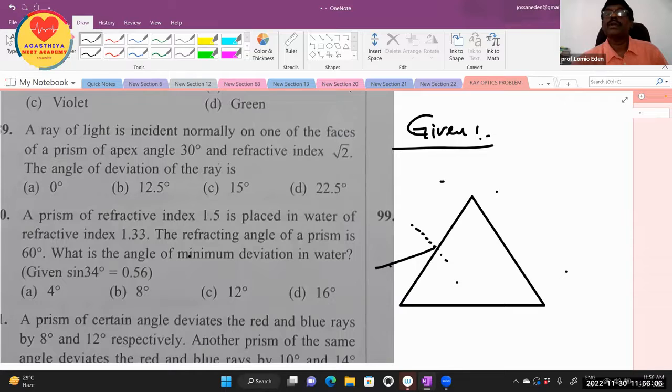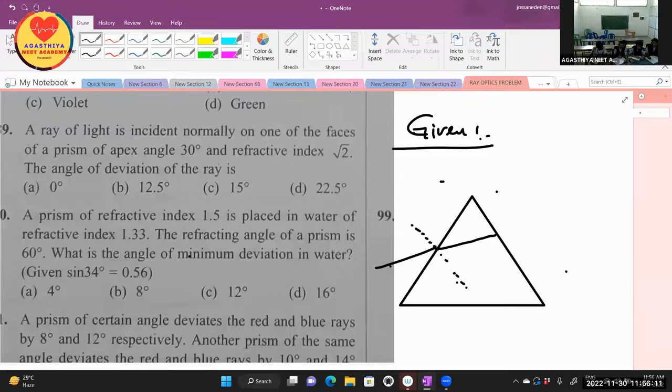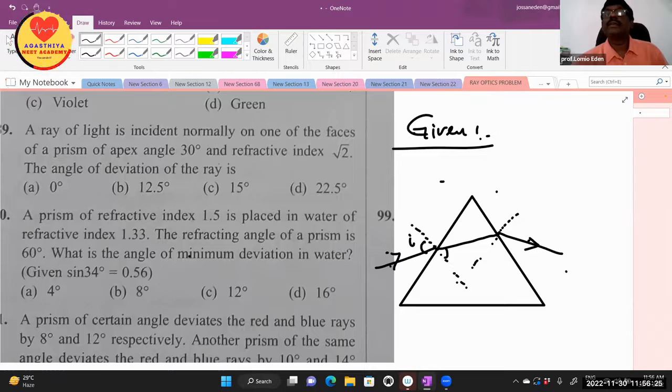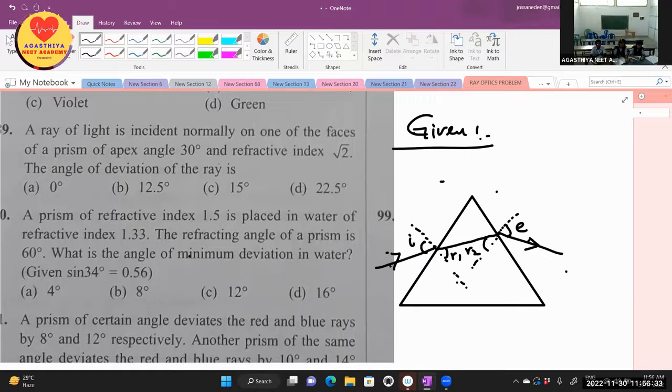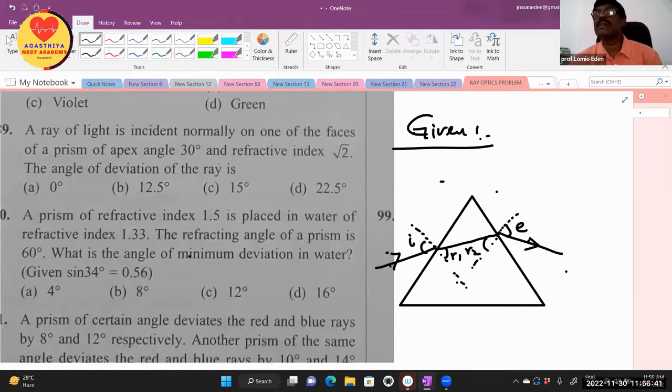This is the normal. This is I, this one R1, this is R2, this one E. I is the angle of incidence. R1 is the angle of refraction at the first face. R2 is the incident angle at the second face. E is the emergent angle.